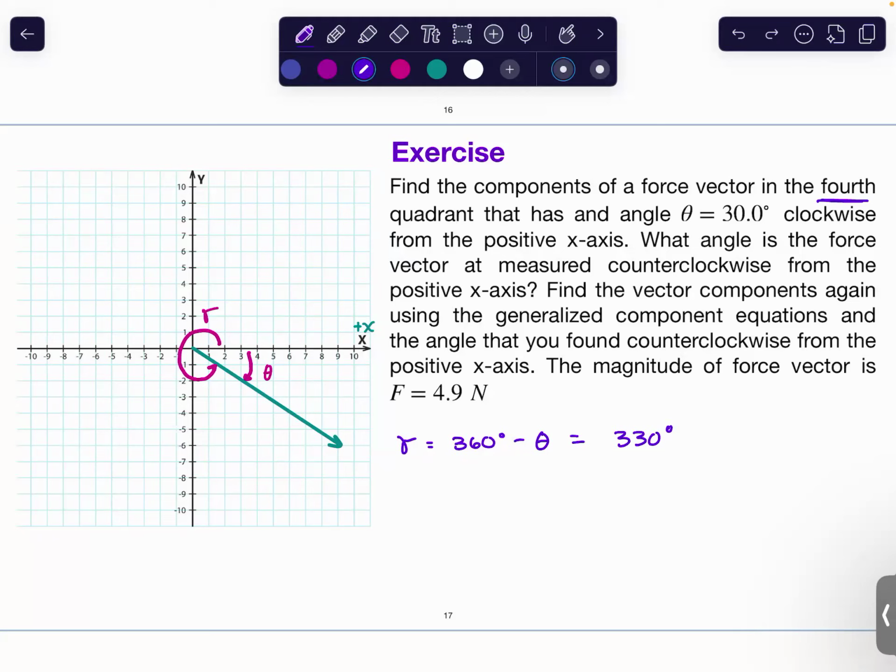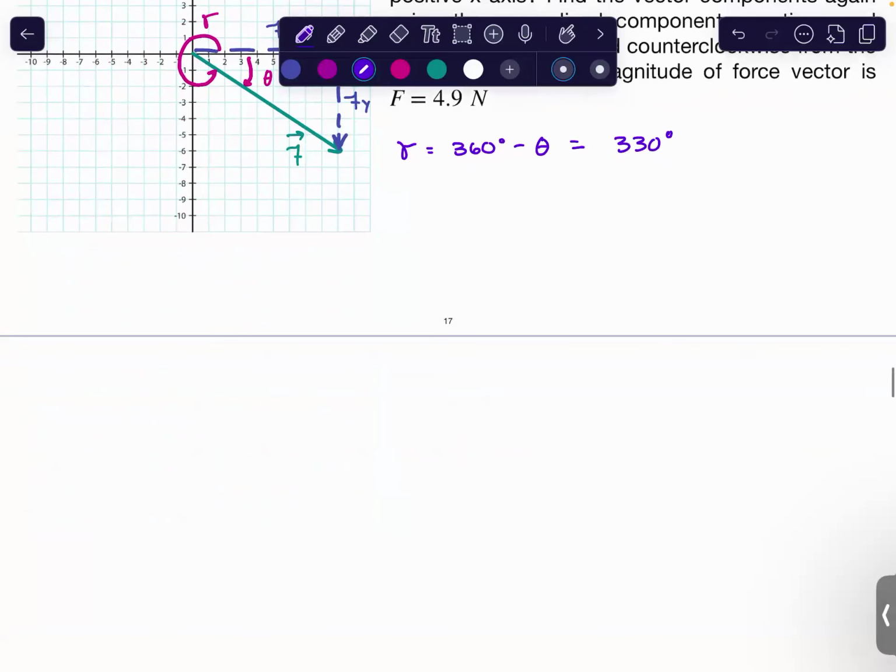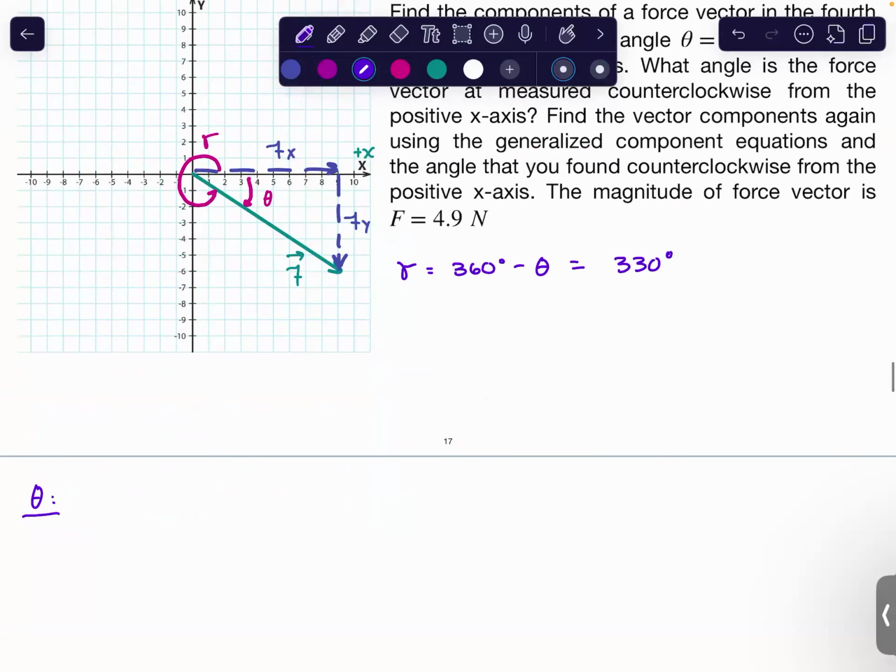Okay, so then we can figure out the components based off each one of these. Let's go ahead and draw these in. If we're analyzing from the standpoint of theta, is Fx adjacent or opposite? Adjacent, so it gets what function?